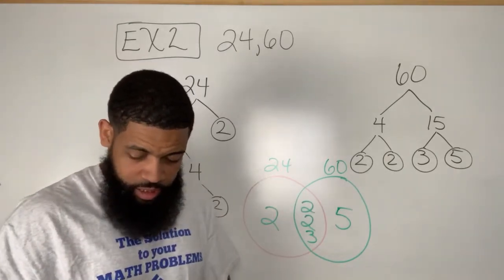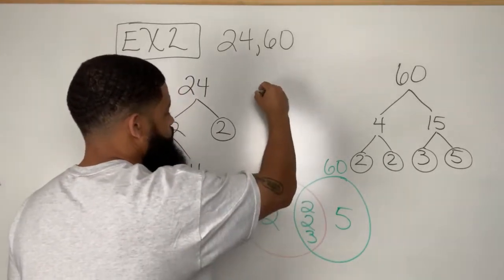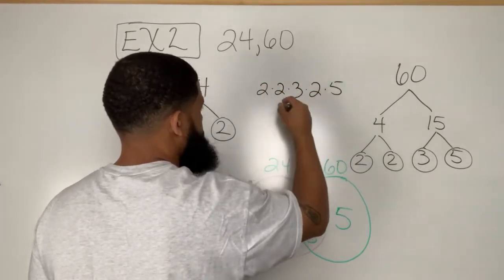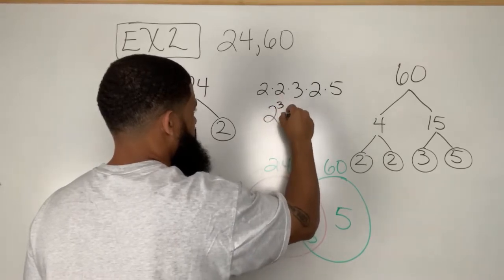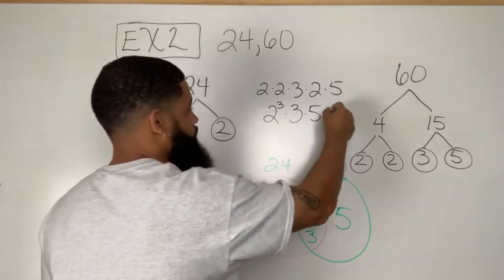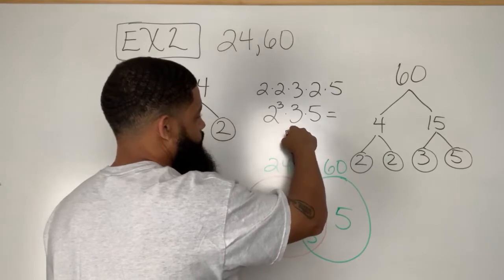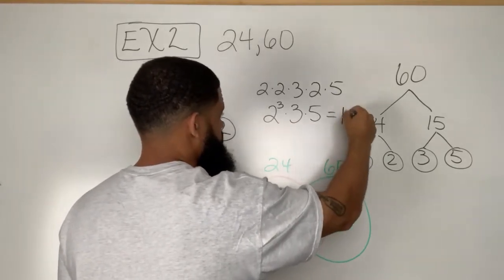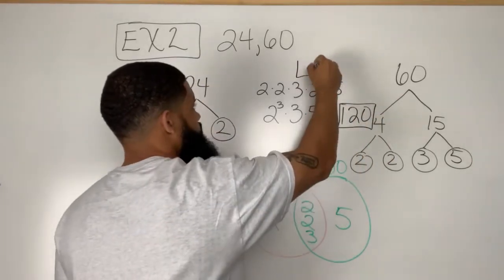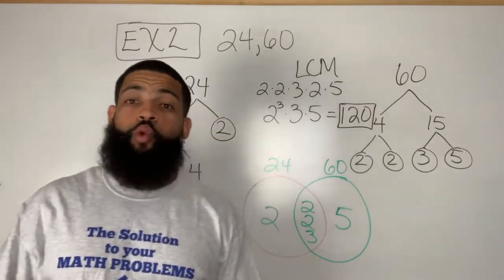So the least common multiple is 2 times 2 times 3 times 2 times 5, which is 2 to the third power times 3 times 5. 2 to the third power is 8. 8 times 3 is 24. 24 times 5 is 120. So the least common multiple of 24 and 60 is 120.